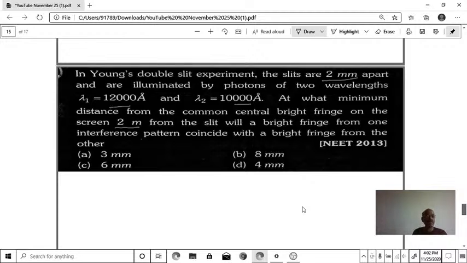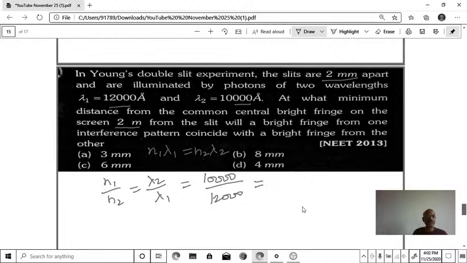We know that n1 lambda 1 equals n2 lambda 2, so n1 by n2 equals lambda 2 by lambda 1, which is 10,000 by 12,000, so you get 5 by 6.